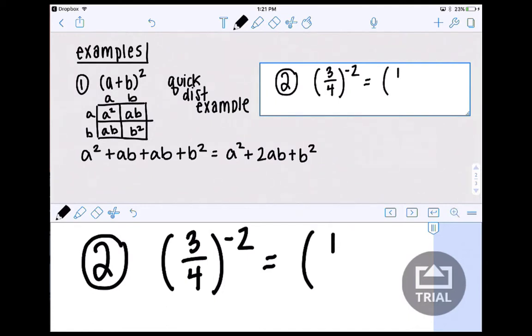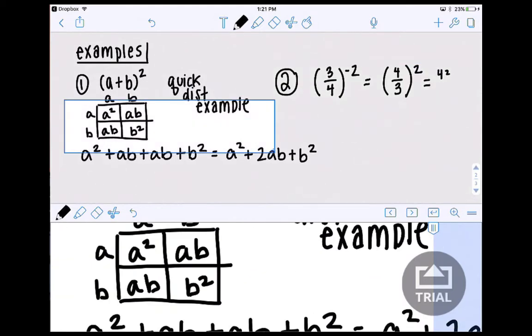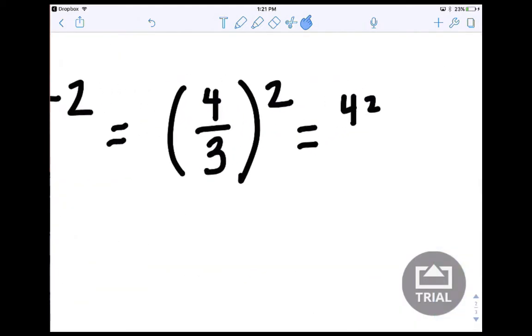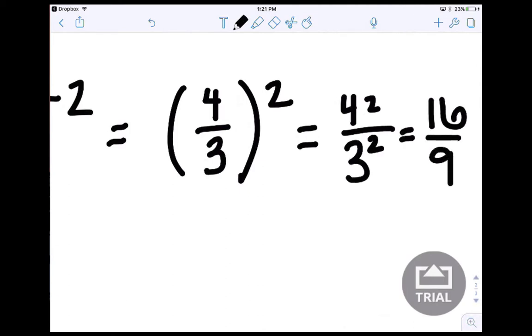So it's actually going to be 4 thirds squared. Once we do 4 thirds squared, we can actually do the problem and distribute it to the numerator and the denominator to get 4 squared over 3 squared, which is 16/9.